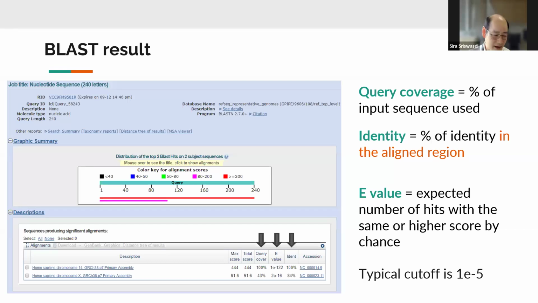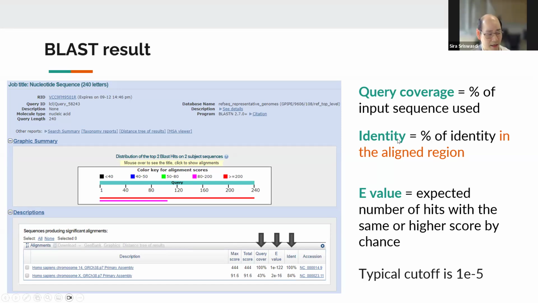If you have 100% coverage, then basically that's the match to the whole sequence. But 43%, like what happened to the other 57? Does that mean that it's related to human genes or not? Because more than half doesn't match. So that tells you how much of your sequence matches to the database.